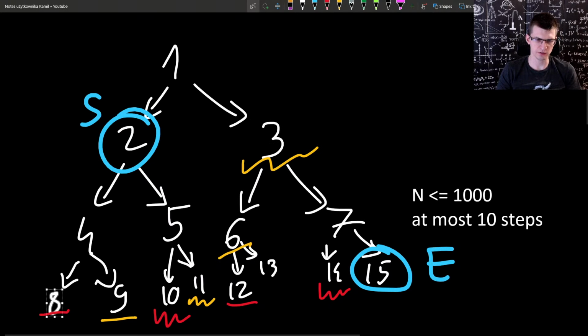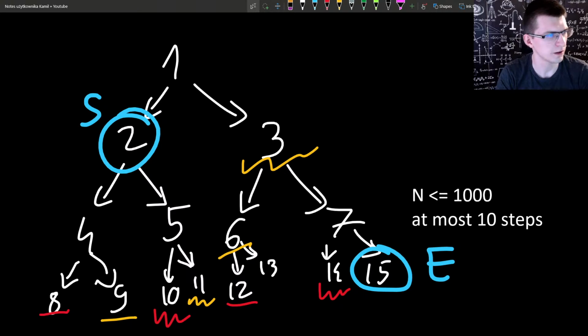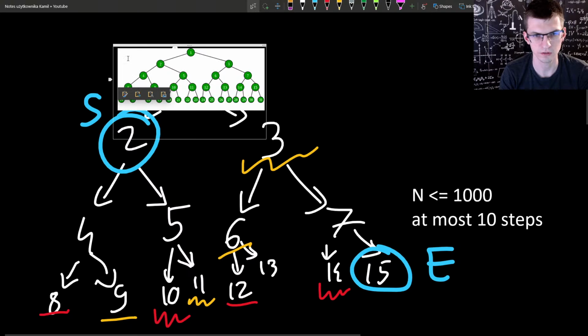Don't make an edge from 8 to 12. It might be a good idea. I will copy some kind of binary tree drawing. Does it work? Yes, it does.